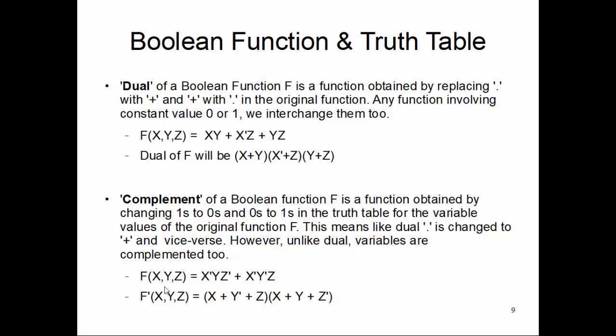So now an example: function f of xyz is x bar and y and z bar, or x bar and y bar and z. Then its complemented function, which we write as f bar of xyz, is x or y bar or z, and x or y or z bar.